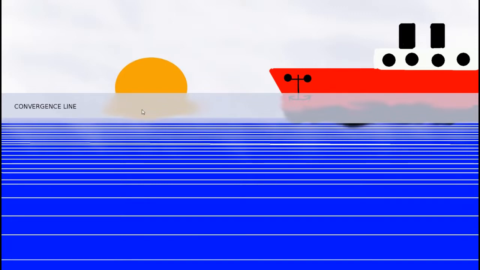So as we know, the sun appears to sink towards the horizon as it gets further away, just like any other object that's traveling away from us at a consistent altitude above the surface, and that just continues onwards.